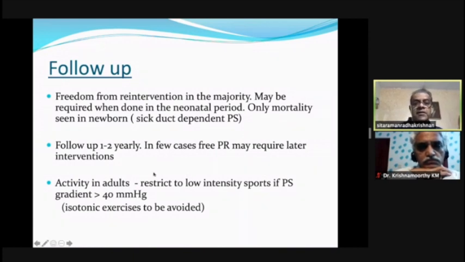You can clearly follow them up after a successful balloon dilatation. A very small group of patients will develop severe pulmonary regurgitation after a balloon dilatation. I have seen at least 2 patients who have come later in life for a pulmonary valve replacement. But remember that it is a very rare phenomenon.